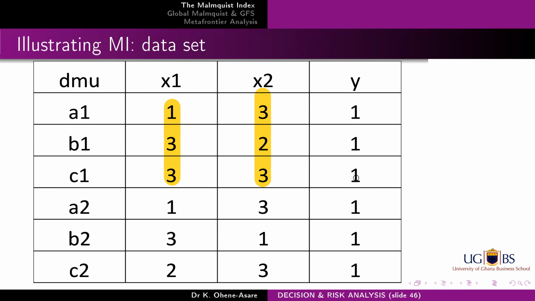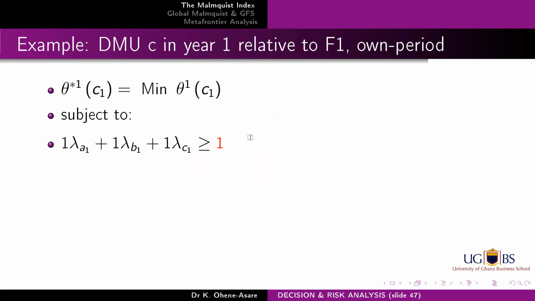Okay. And then greater than or equal to, because its output is greater than the output of the DMU under evaluation, which is 1. But it's not going to be 1 theta, because that would be output orientation, and we are doing input orientation. Because we are doing input orientation, the theta will have to be multiplied by the input and not the output.